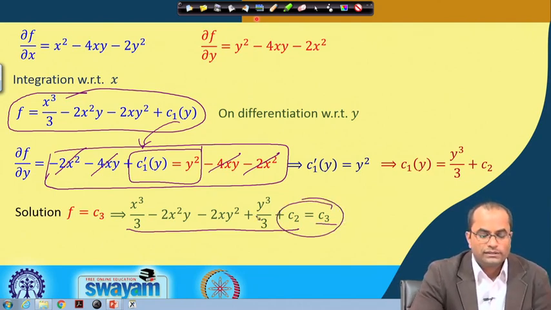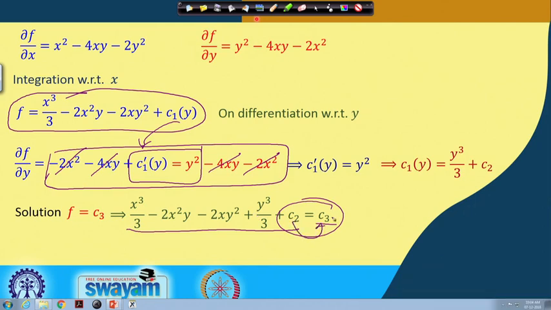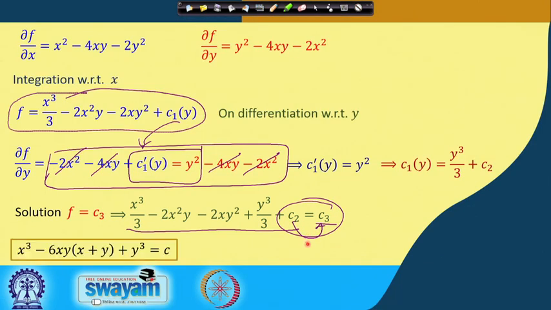Now, this c 2 and c 3 are two different arbitrary constants, but we can merge them into one, and this is the solution of the equation. Indeed, we have multiplied the equation by 3 here, to get x cube minus 2 x square minus 6 x square y, and also this minus 2 x y square multiplied by 3 again.